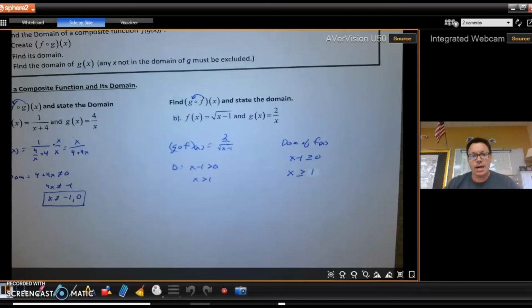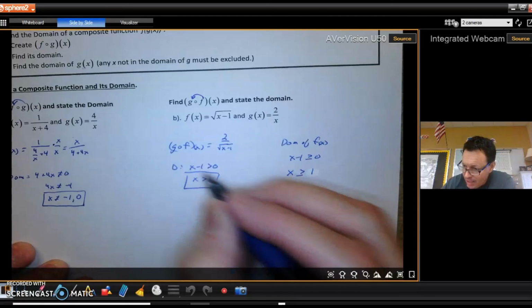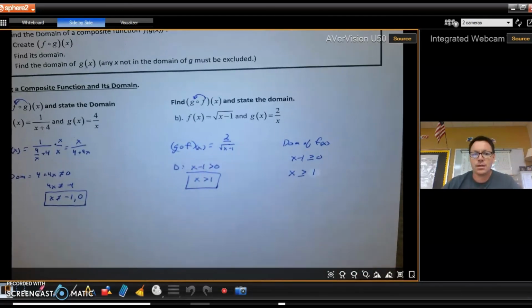Okay, so like if your mom says be home by 10 and your dad says be home by 11, you actually need to be home by 10. Okay, because if you're home by 11, you're going to get in trouble with mom. So you have to go with the more strict domain restrictions. So this will be the domain of that composite function.